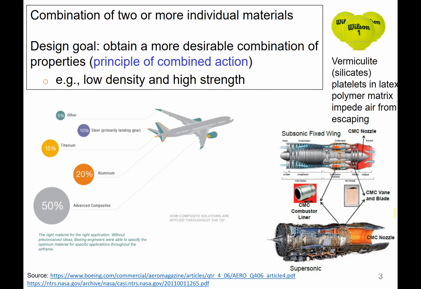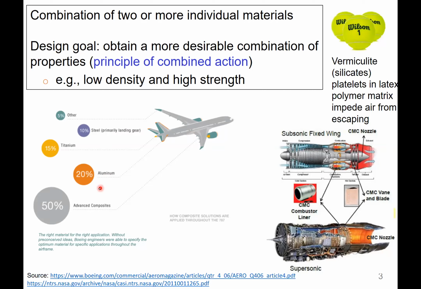And of course, the prevalence of these composites is everywhere now, right? Here you see an example of a Boeing plane where there's a breakdown of the different types of materials within the plane. So here you could see, 10% of this plane is made of steel, 15% is made of titanium, 20% aluminum, and you could see the different color schemes here and where these materials are used.